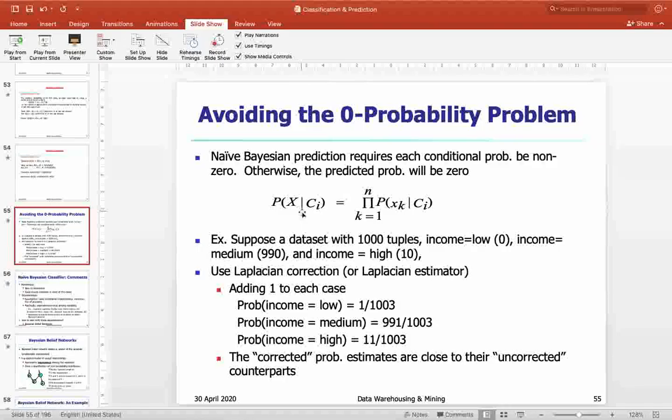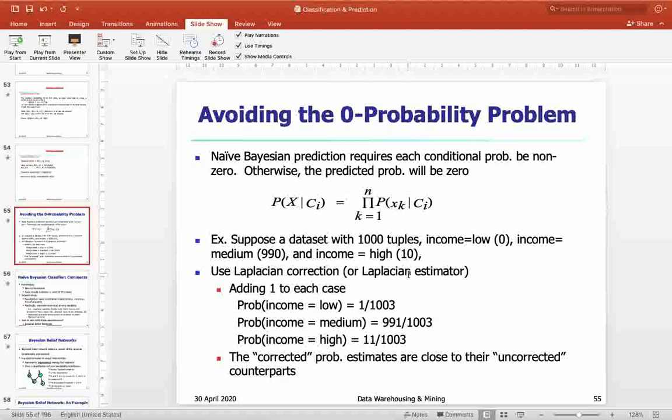So if I give an example, suppose there is a data set of 100,000 tuples. Suppose that for the class buys computer yes, there are 1,000 tuples, and there are 0 tuples with income low. Means income low and buys computer yes, the number of tuples is 0.